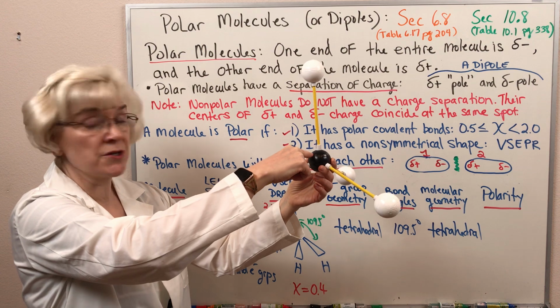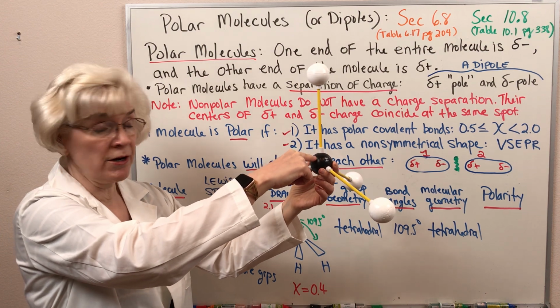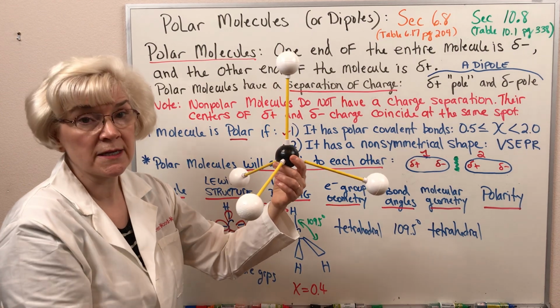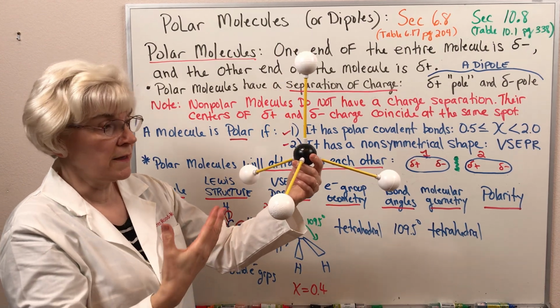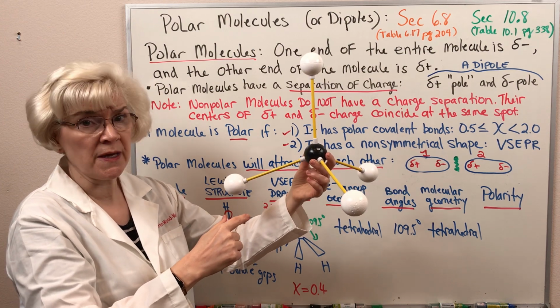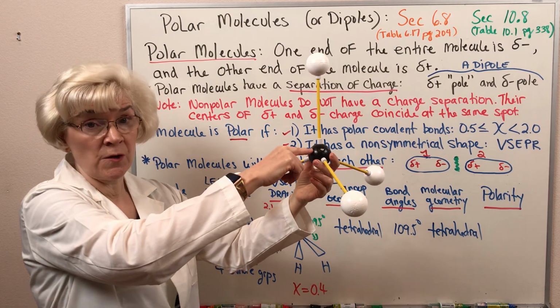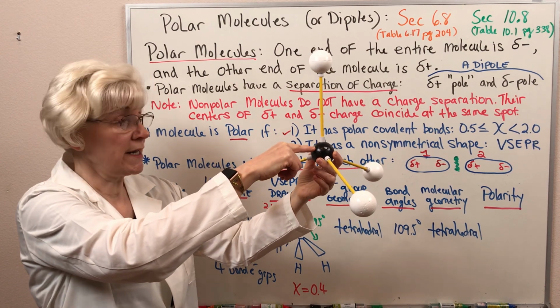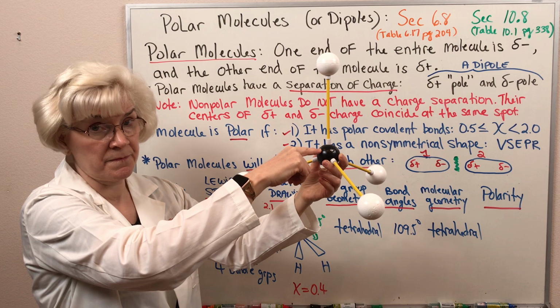So again, a partial negative spot here, and each of the hydrogens partially positive. Where would the center of partial negative charge be if carbon was the only atom that was partially negative? It would have to be right here on the carbon atom.